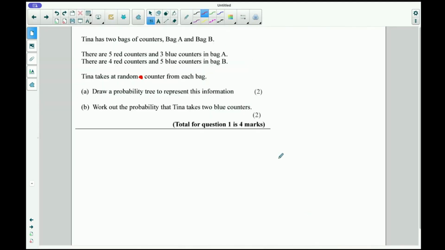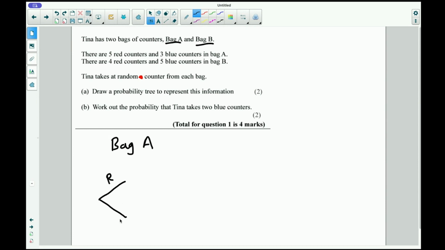Okay, so let's see what we've got here. To start things off, we just need to recognize that we have 2 bags, bag A and bag B. So our probability tree is going to get split into 2 sections essentially. First, we're going to start off with bag A. In bag A, there are 2 routes that we're going to take, where it's either going to be a red counter or a blue counter. Maybe I'll do this on the side here.